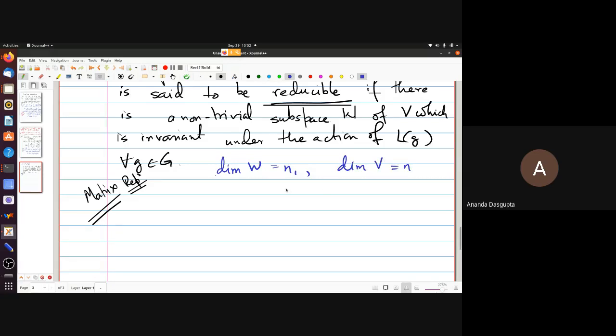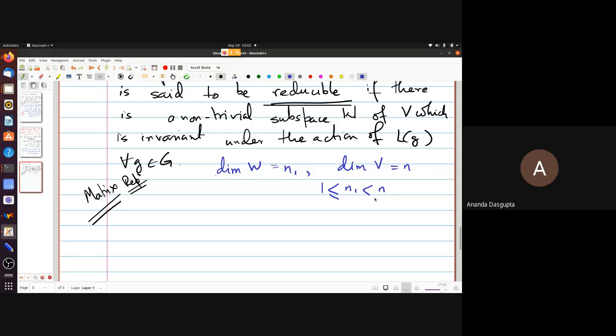Because W is a non-trivial subspace, n1 is more than or equal to 1, and strictly less than n. It's more than 0, less than n, right?